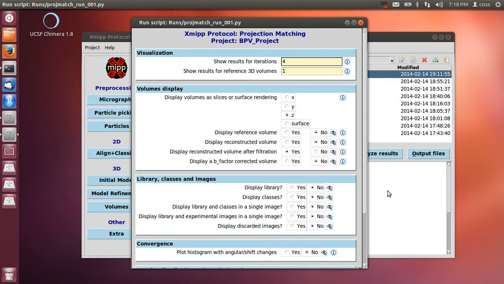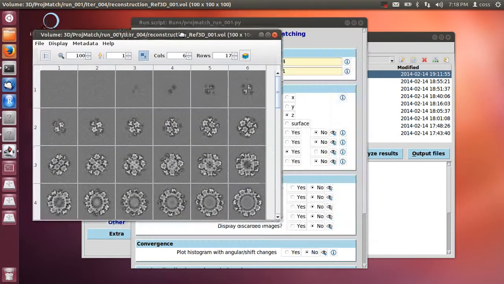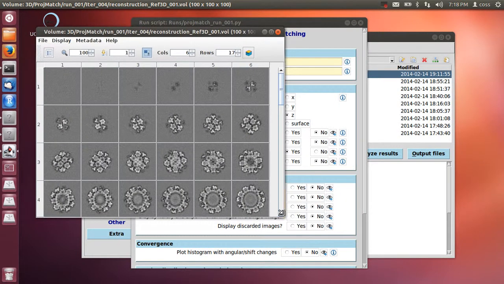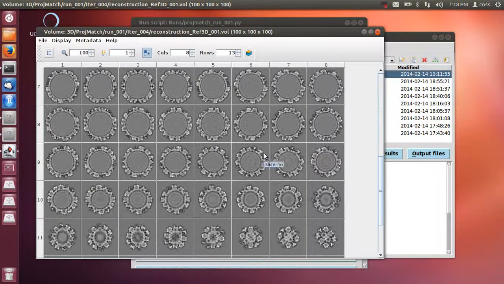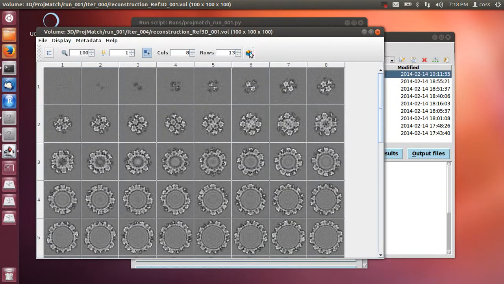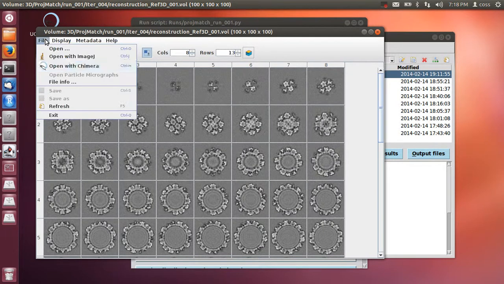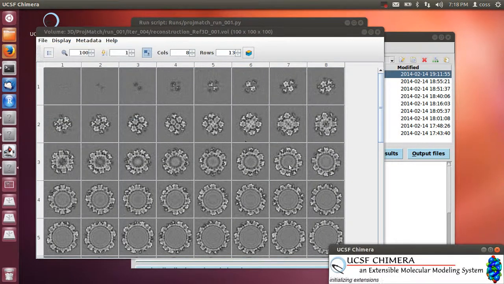Now that we are sure how the process was going, we may analyze the volume. We can see, for instance, the reconstructed volume. This one looks good. These are the different slices. You may slice in different directions, and you may also look at it with Chimera.